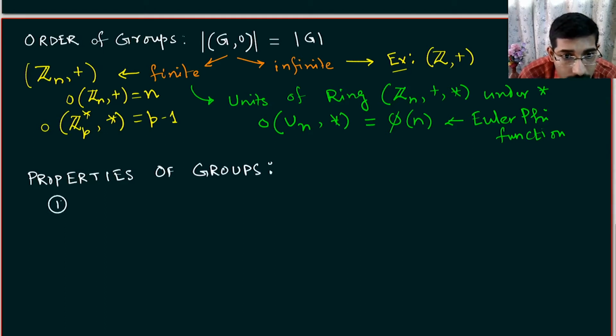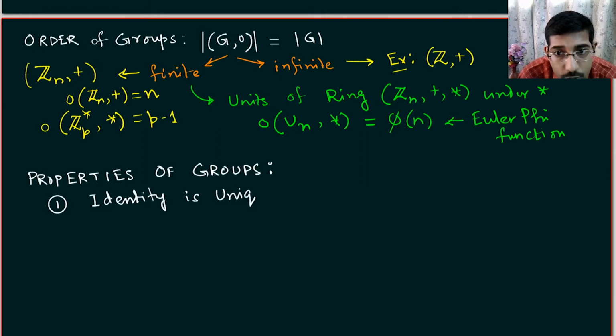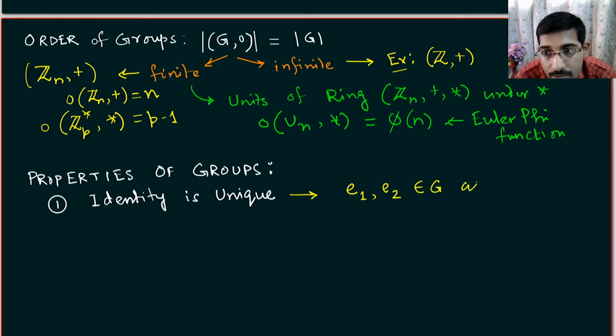Our first fundamental property is that the identity element is unique. How do you prove it? Let us assume I have two elements E1 and E2 belonging to G as my identity.